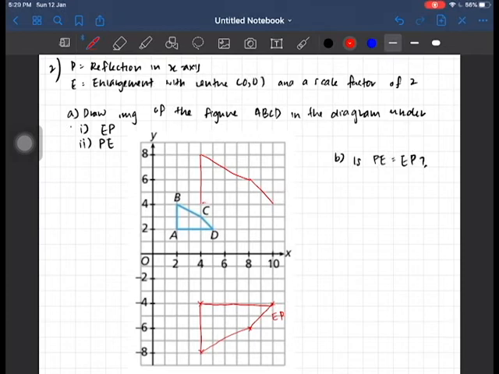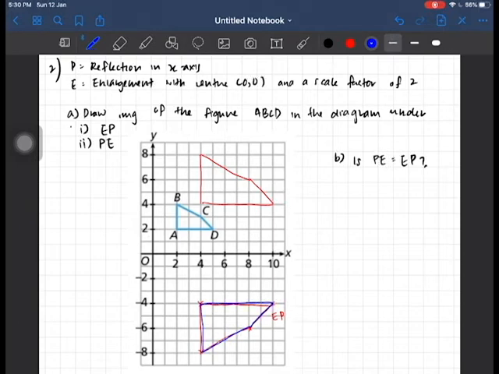This is our first image, and then it undergoes reflection on the y-axis. So I'll use a blue one. Reflection, and an image similar to translation EP forms.